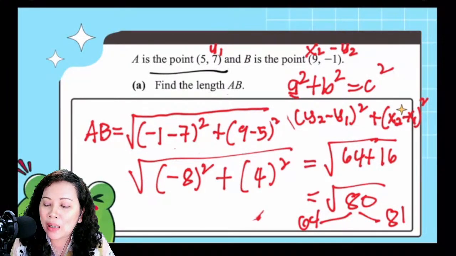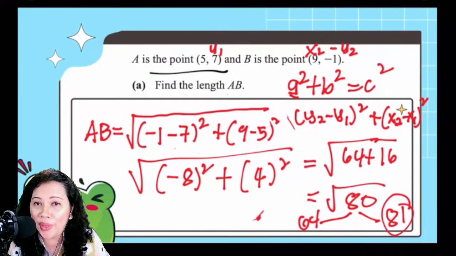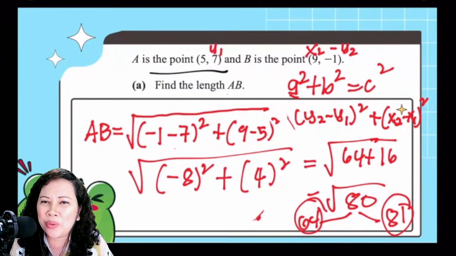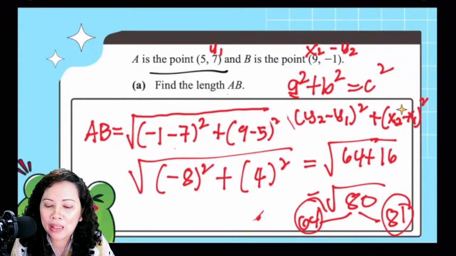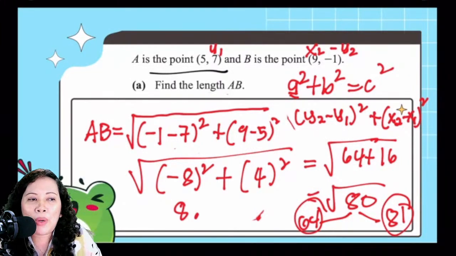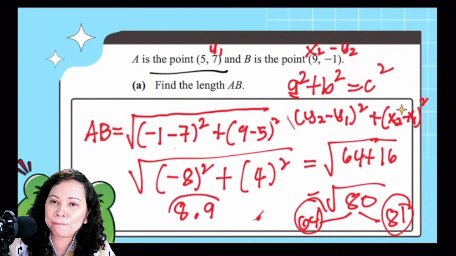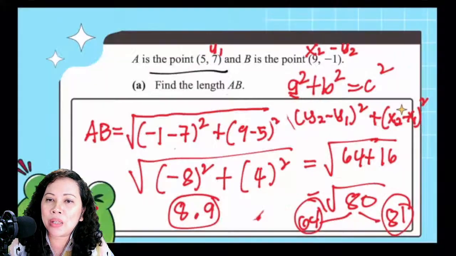So since it's not yet 9, but it's more than 8, therefore the square root of 80, since it's almost 9, should be around 8.9 or 8.8. Let me just check. Yeah, 8.9 or 8.8. Okay, so that's your AB.